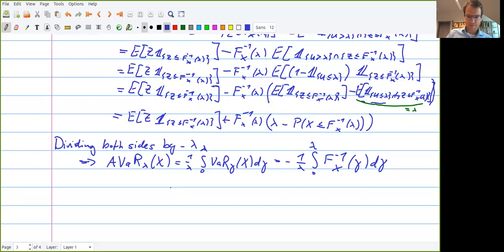And now we have to divide the other side by minus 1 over lambda as well. So what do we get here? So that's the right hand side. Here nothing happens. I'm just copy pasting the right hand side.